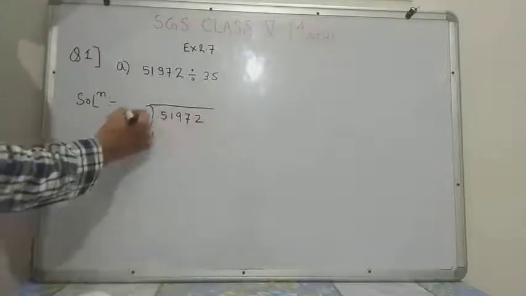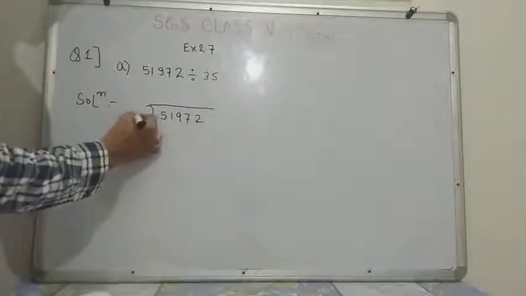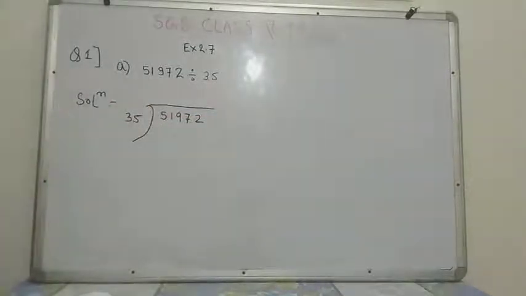51972 should be divided by 35, and of course many students do not know the table of 35.